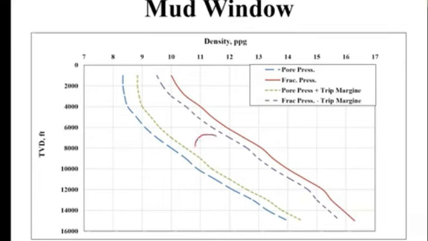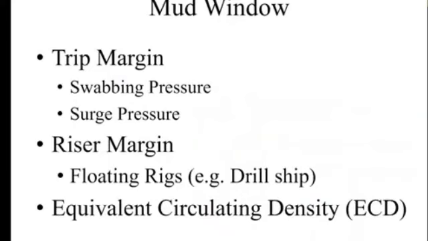And obviously, we need to be between these two, the dashed light green line and the dashed purple line. The factors which can affect the amount of trip margin, I mentioned maybe a reasonable number for trip margin is 0.5 pounds per gallon.